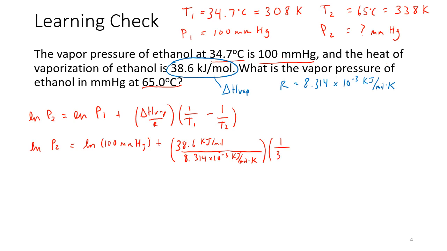T1 was our 308 Kelvin, minus 1 over T2, which was 338 Kelvin.